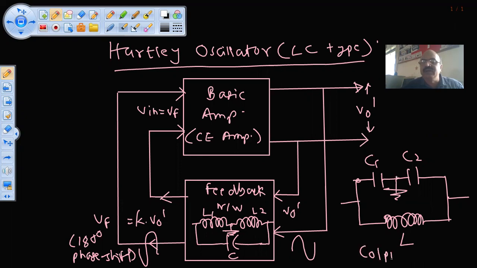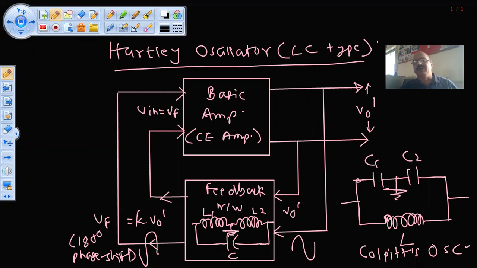So there is nothing different in that. So what is the change between the Hartley oscillator and the Colpitts oscillator? Only the feedback network. Replace L1, L2 by C1, C2. Replace C by L. Okay, it becomes a Colpitts oscillator.